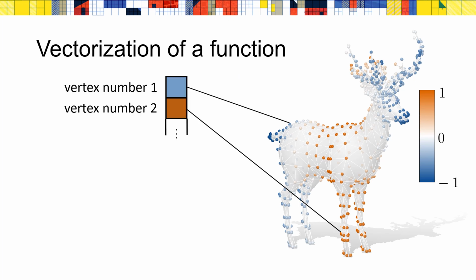So with this definition of function, we can easily store the function in a vector as we did for the 1D function, and the order of the values inside the vector is given by the order of the vertices of the mesh. So the set of vertices is given in a precise order, and we can represent the function as a vector for which each entry corresponds to the value of the function at the corresponding vertex.